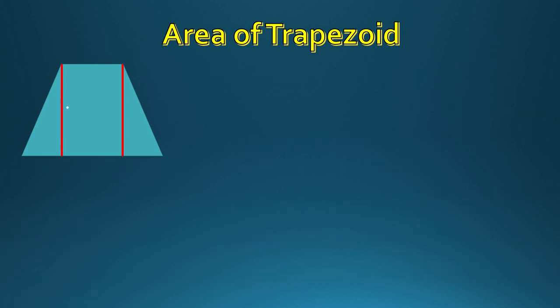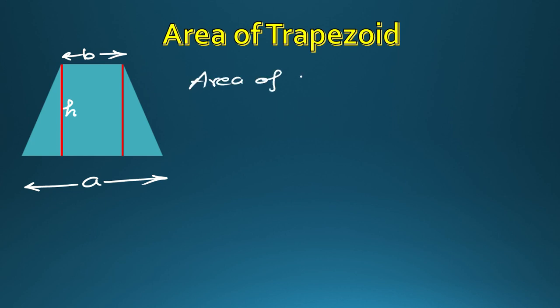Okay, now here I am taking height as h. This total side I am taking as A, parallel sides. And this another parallel side is B. So what will be the area of the trapezoid?